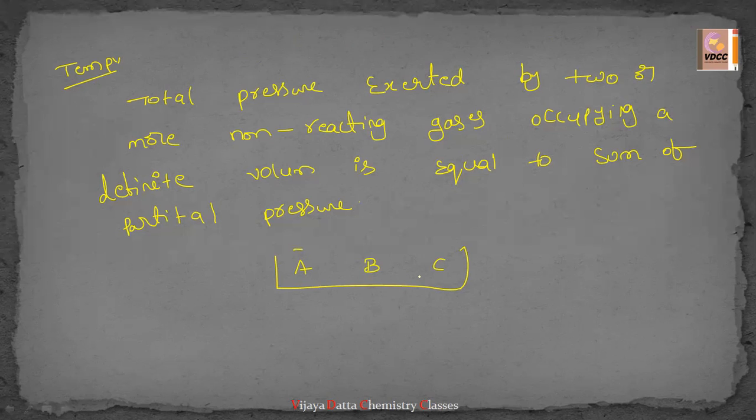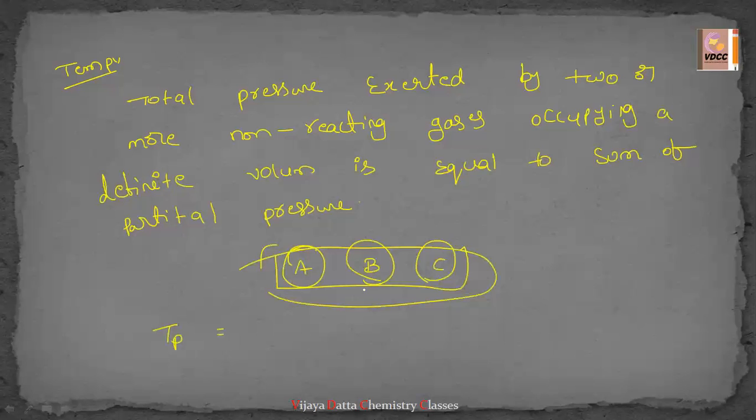The total pressure exerted by this container, I am considering as TP, total pressure, is equal to the sum of its partial pressures. Individually A exerts some pressure, B exerts some pressure, C exerts some pressure. That is what I am writing as PA plus PB plus PC and so on.